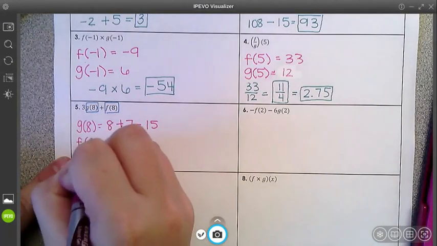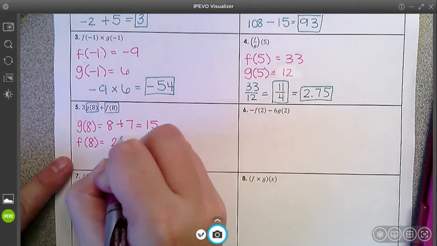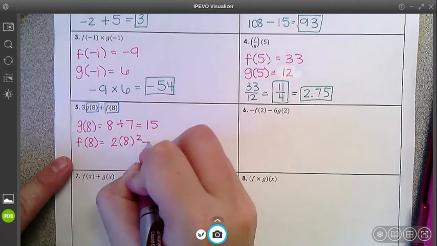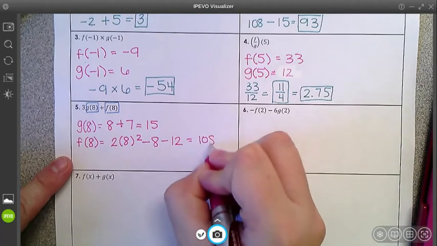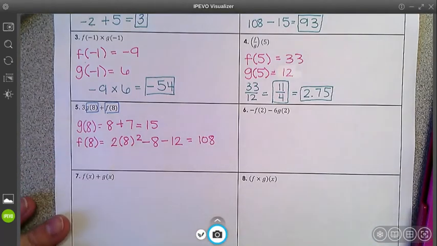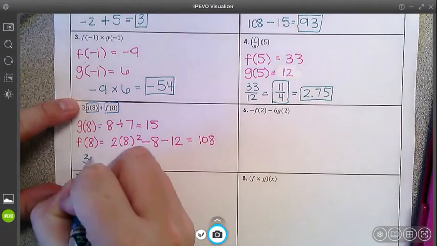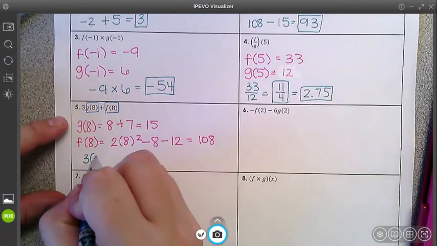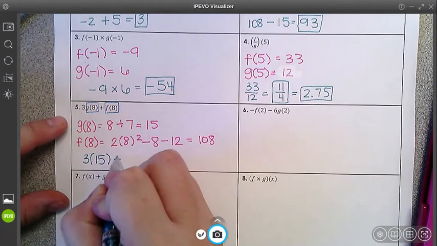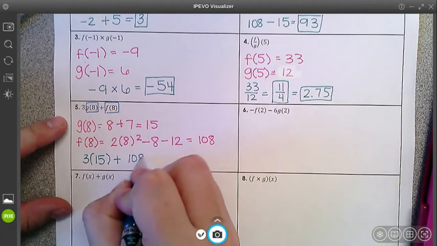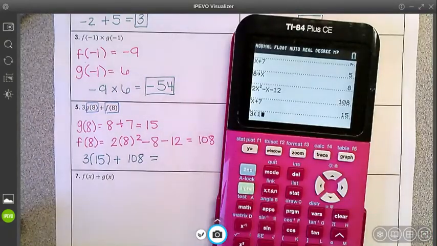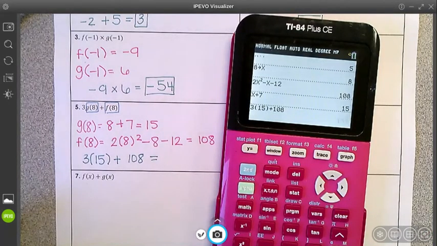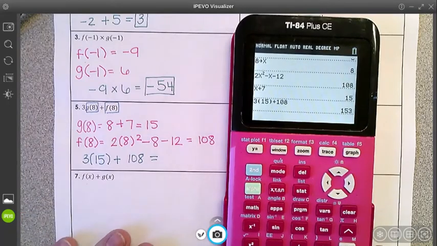And then f of 8 is 2 times 8 squared minus 8 minus 12, which was 108. And then we have 3 times g of 8. So 3 times 15 plus f of 8, 108. So if we type this into our calculator, we get 153.